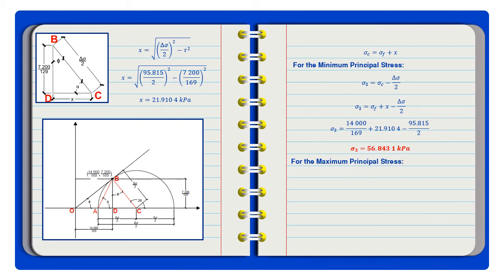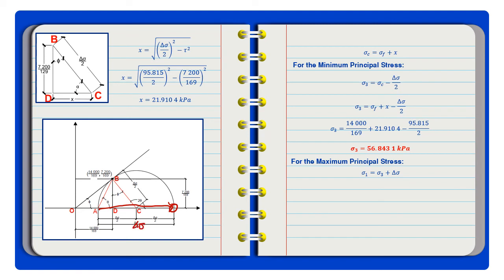Now, for our maximum principal stress, we will have our sigma 1 is equal to sigma 3 plus delta sigma. So, ibig sabihin, galing ka ng sigma 3 since nakuha na natin siya from our previous solution. So, idadagdag mo lang si delta sigma para makarating ka dito, which is ito, si delta sigma.